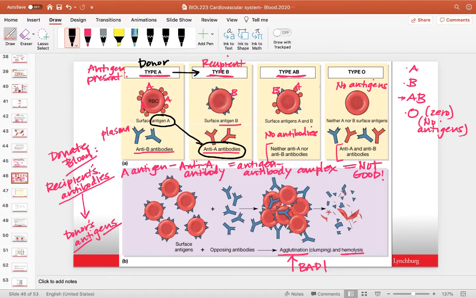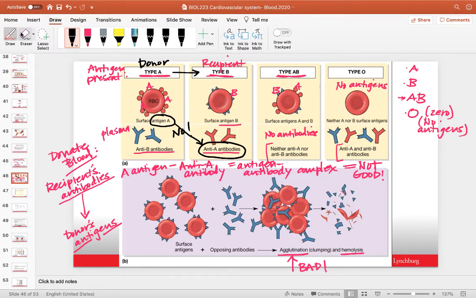Can we have anti-A antibodies and antigen A present together? Well, we can't. It's going to form this antigen-antibody complex, and it's going to result in agglutination. So no, this would definitely not work. Okay. So that's an example of a blood transfusion that is definitely not going to work.